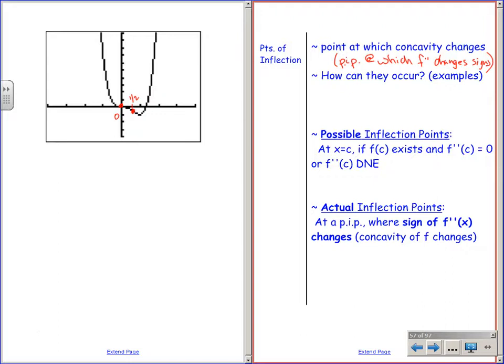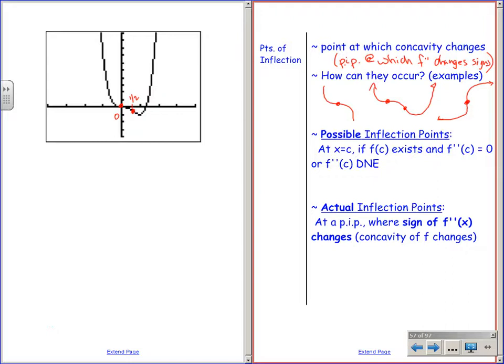How can they occur? Well, they can occur if you have something like a concave up to concave down. That would be a pip. They can occur when you have something weird, like what we just saw. Not just where it's super obvious, but also where it's not so super obvious, from the down to the up. And then here's another one where concavity changes.